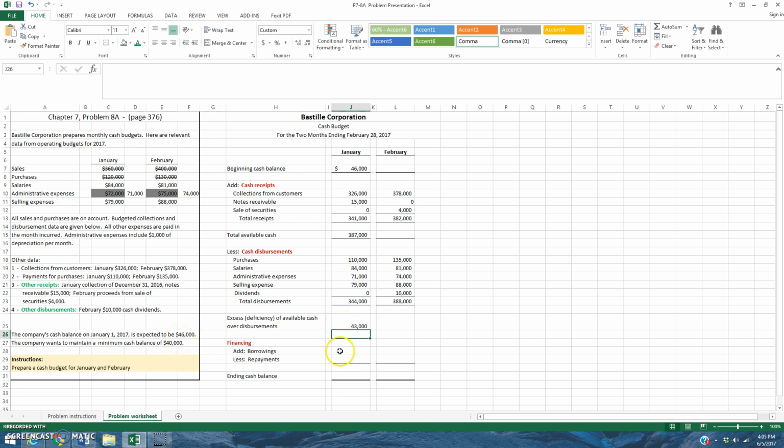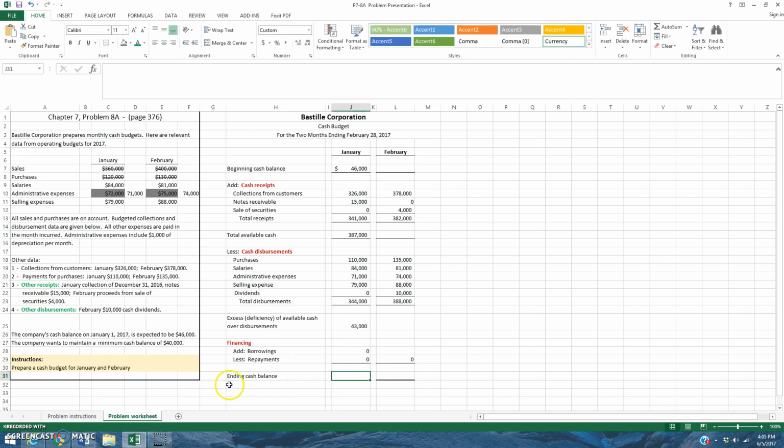Because of that, we do not need to borrow any money, so we're just going to put a 0 in there. And in this instruction, there is no information regarding repayments, so for this problem we're not going to work with repayments. We will put a 0 under repayments for both January and February.